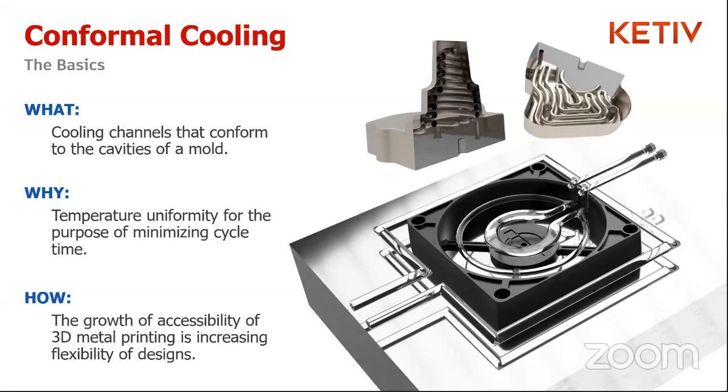The reason for this is so we've got a uniform temperature, a uniform cooling rate throughout the part itself, and this, of course, gives us better quality, and the ability to hopefully completely eliminate secondary and tertiary manufacturing processes.